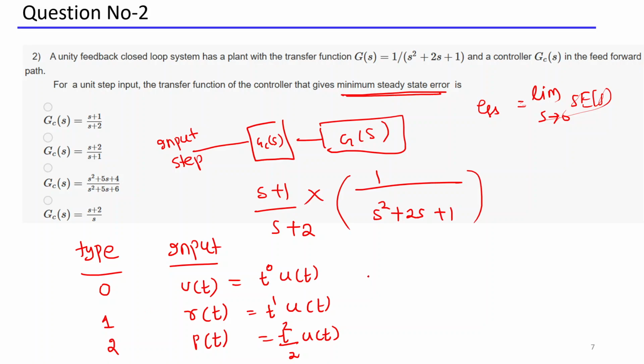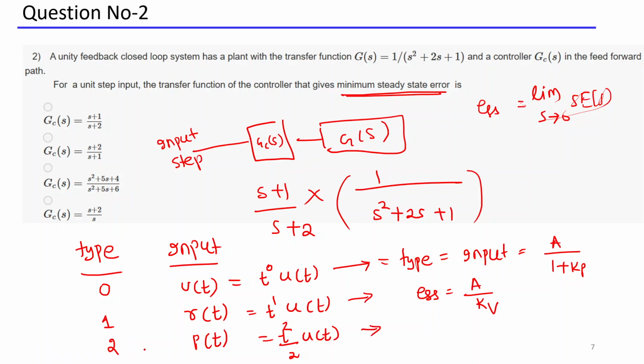Whenever your type is equal to your input: in the first case, type 0 and input 0, a steady state error exists and it is 1 by 1 plus Kp, where Kp is the positional error constant. In the second case, type 1 and input 1, the steady state error is A divided by Kv, where Kv is the velocity error constant.